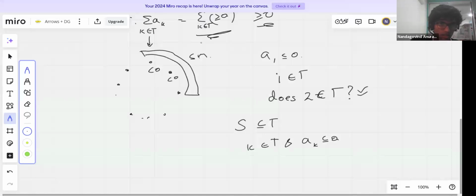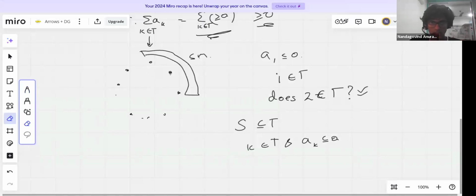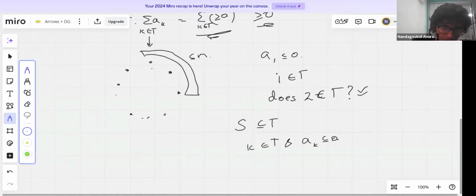Let's just start with this point. Now this is in some arc, so this will be AK, and let's say that this is AK plus L minus 1, such that this is less than 0.